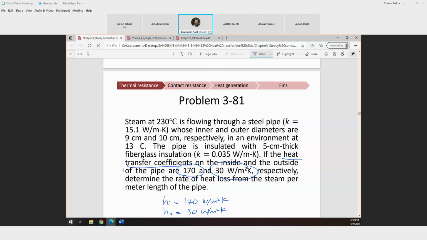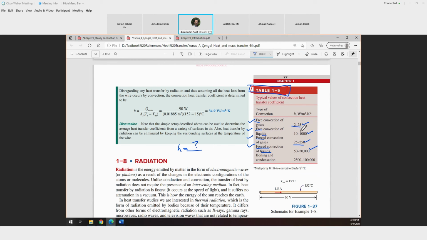My rule of thumb is normally that if your value is below 20, or 25 in this case, 25 is the typical highest value of free convection for gas. Gas here also means air.